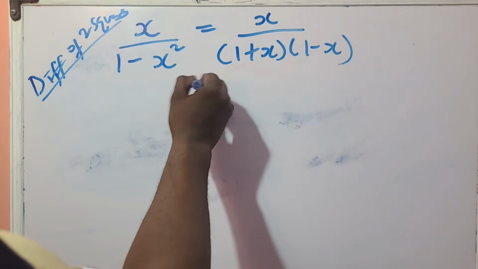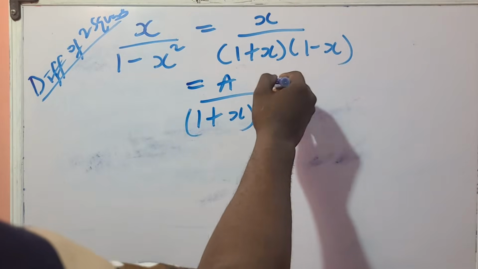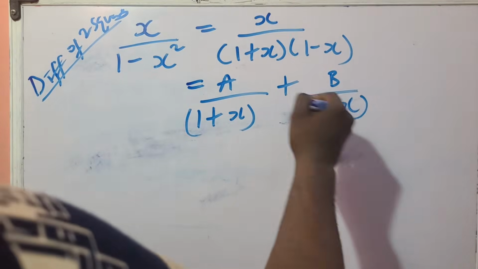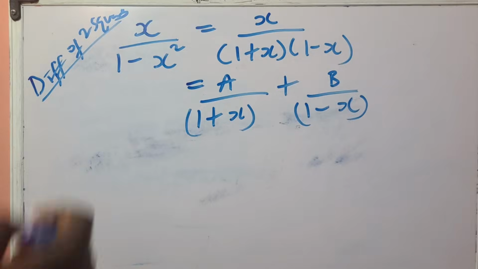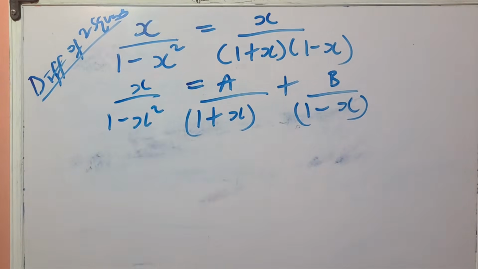That means you want to have this now as a over 1 plus x, and b over 1 minus x. This is a very simple partial fraction, so it doesn't have the bx plus c or whatever. It's just very simple and basic. So now we have x over 1 minus x squared given as this. For us to complete our partial fraction, we have to find the values for a and b. That's the next thing to do.